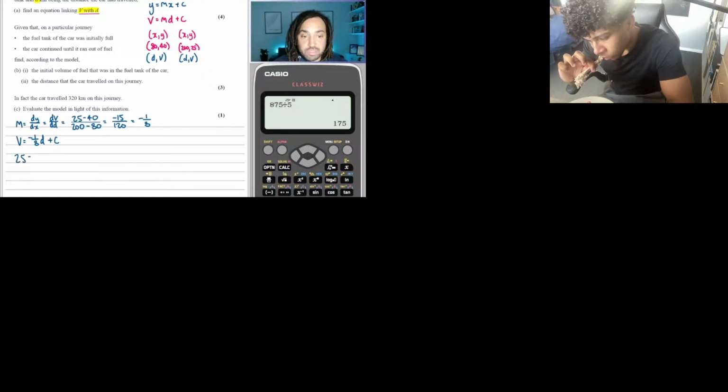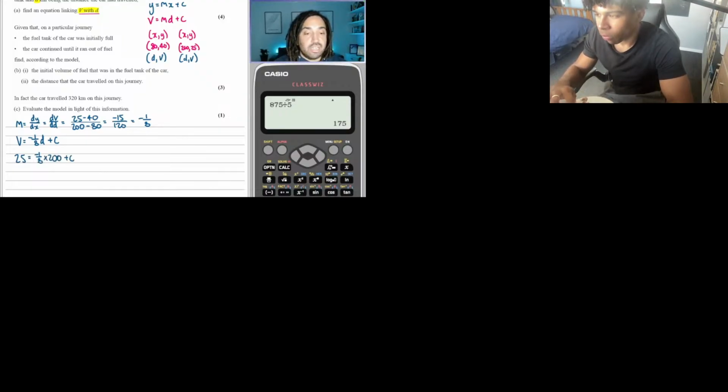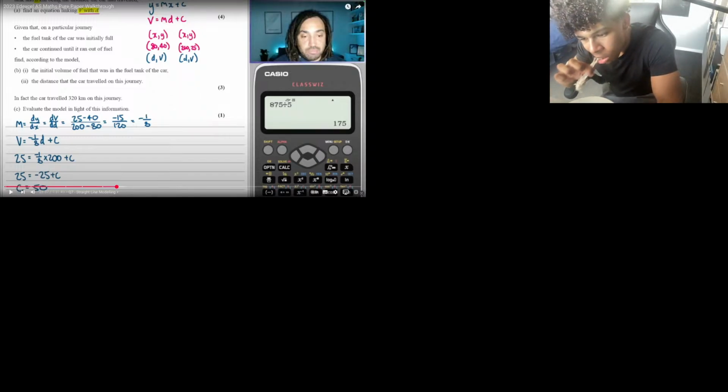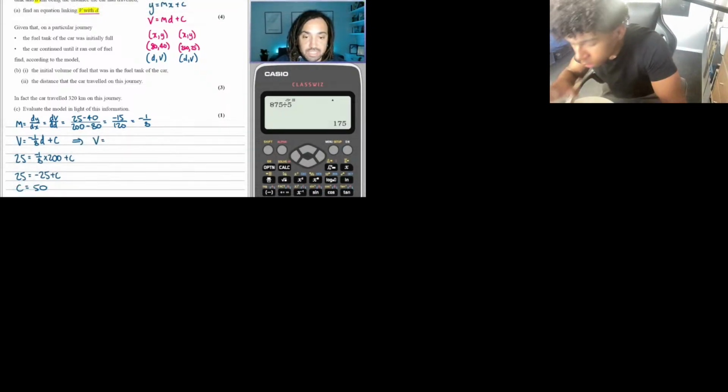So it'll be 25 as the v equals minus an eighth multiplied by 200 plus c. 200 divided by 8 is 25, isn't it? So that's minus 25 plus c. So the c term is equal to 50. So our equation is now v is equal to minus 1/8 d plus 50. Bosh.